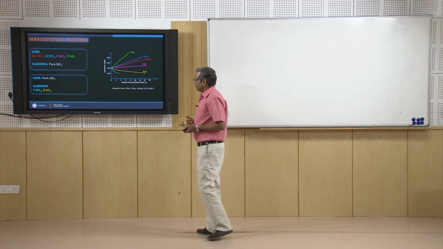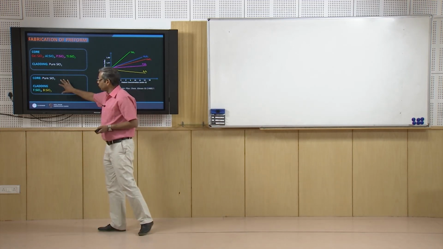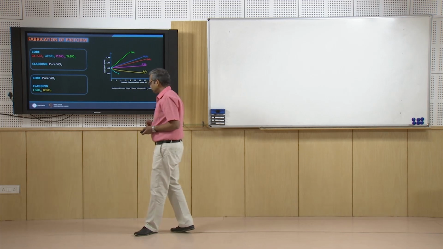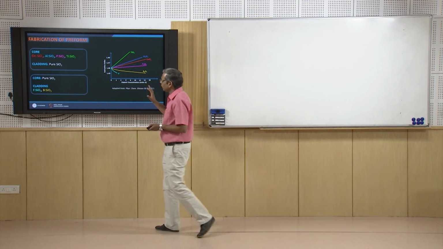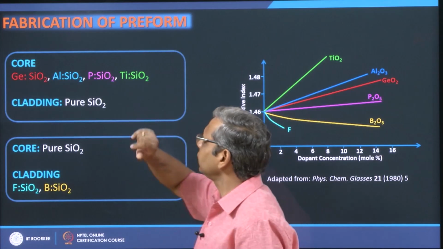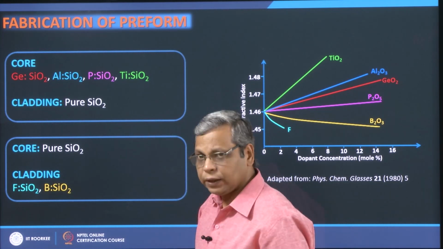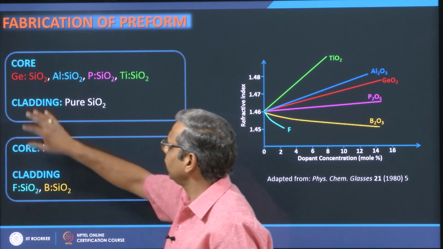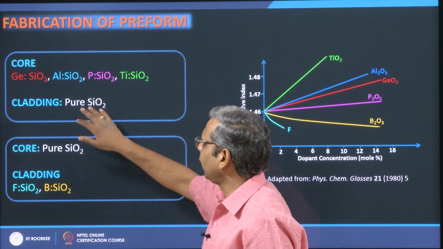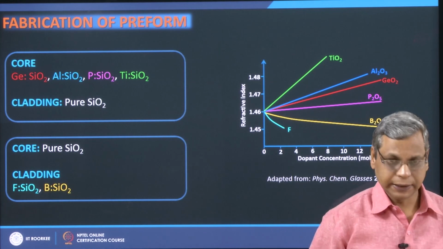So there it is preferred to use pure silica glass fiber. But we will concentrate on telecom fiber in usual environment. So we will concentrate on germanium doped core and pure silica glass cladding.